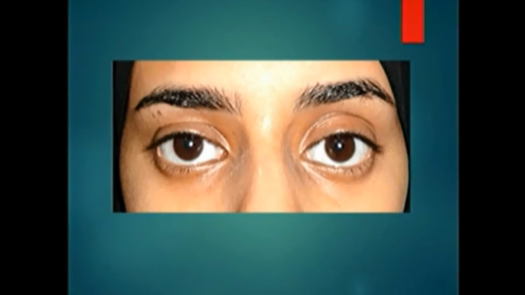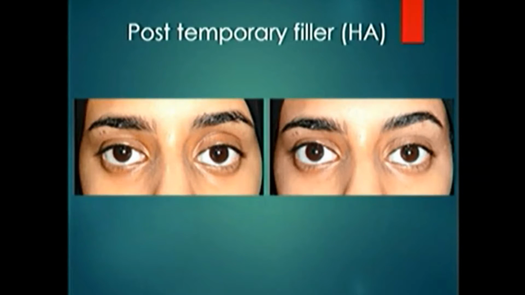Look at this patient after injecting the left eye, the superior sulcus, with filler. You see how much improvement you get? What we used to do before was excise the skin here to simulate the other side. But now, if you look at the sign of youth, the superior sulcus is full, not empty. This is the trend now, to make things not deflated, for a more youthful appearance.